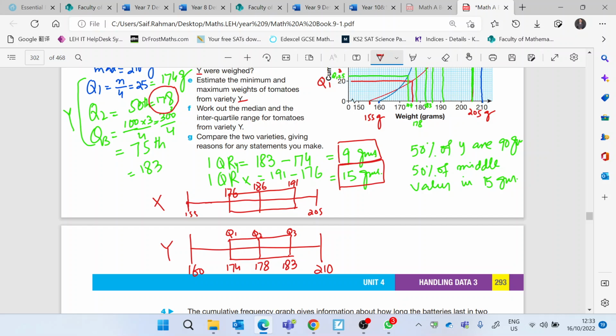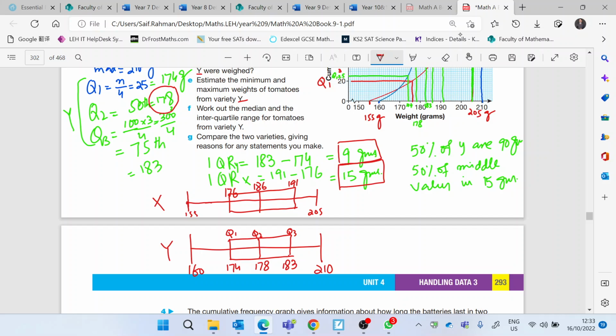If you see the spread, the data in this box is the middle 50%. So the middle 50% here is spread from 176 to 191, right? Whereas here the data is spread from 174 to 183. So this shows that the Y values are compact.